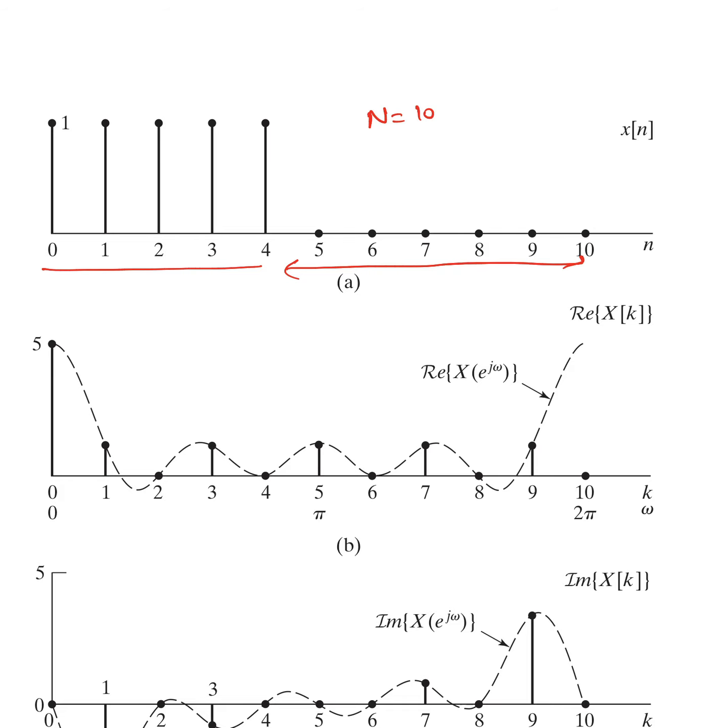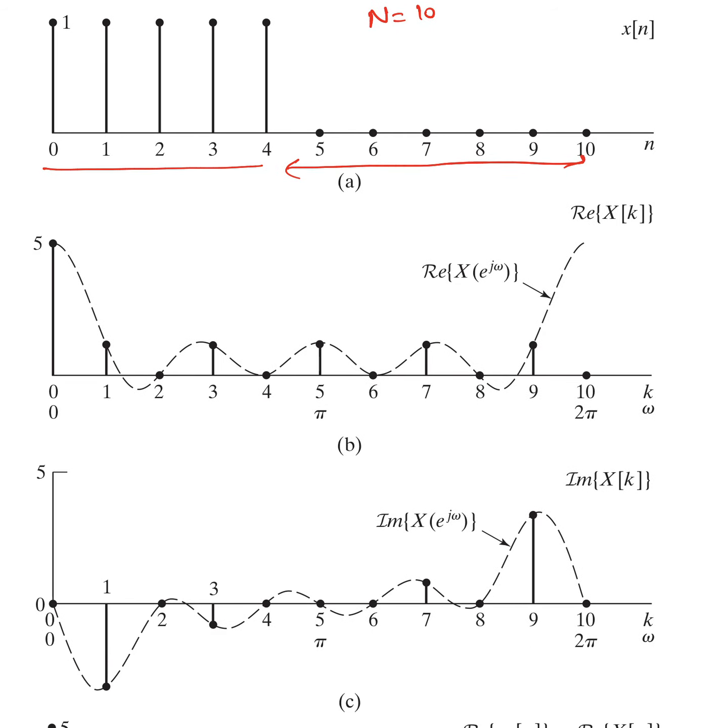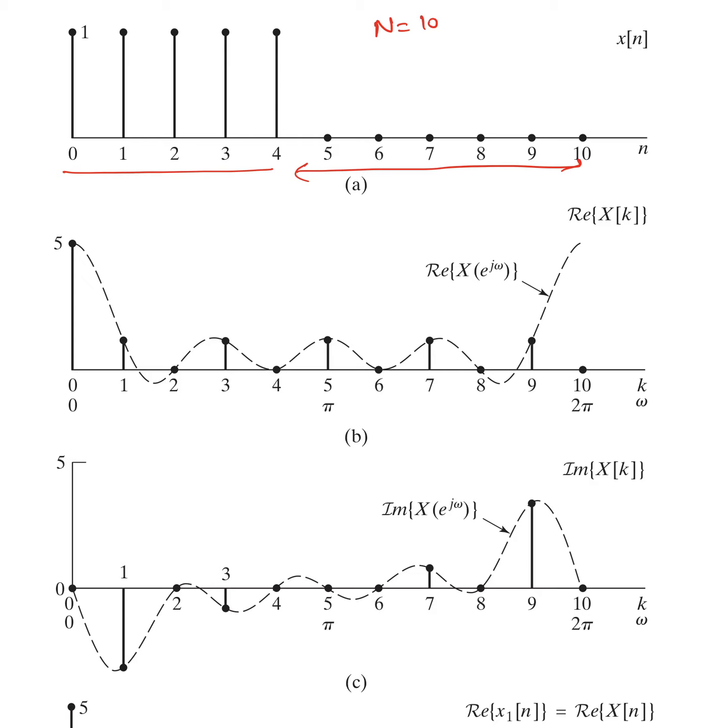Having this signal, we can first compute the real and imaginary parts of the Fourier transform X of e raised to the power j omega. We know at the outset that it would be a continuous function of frequency from 0 to pi and 2 pi. So this continuous dashed curve represents the real part of the Fourier transform, and figure C is the imaginary part of this Fourier transform.